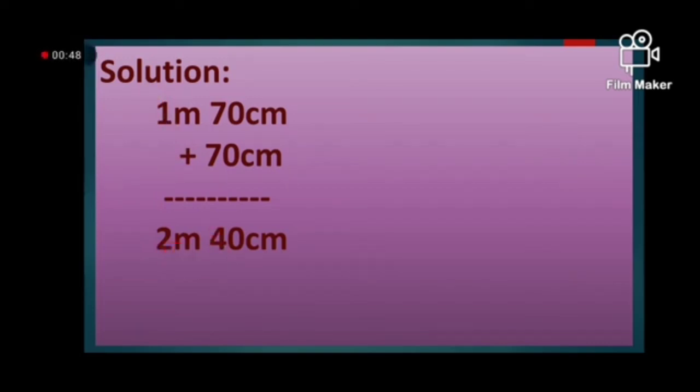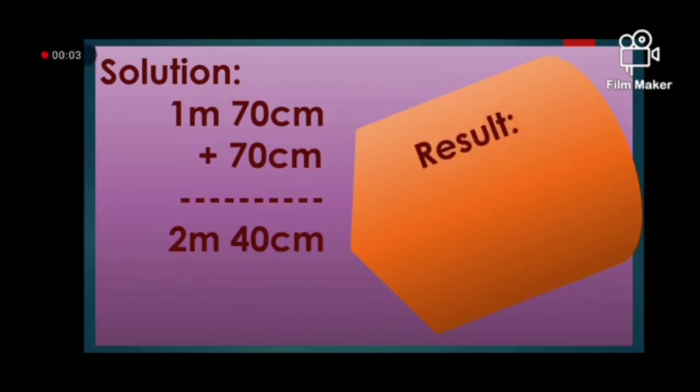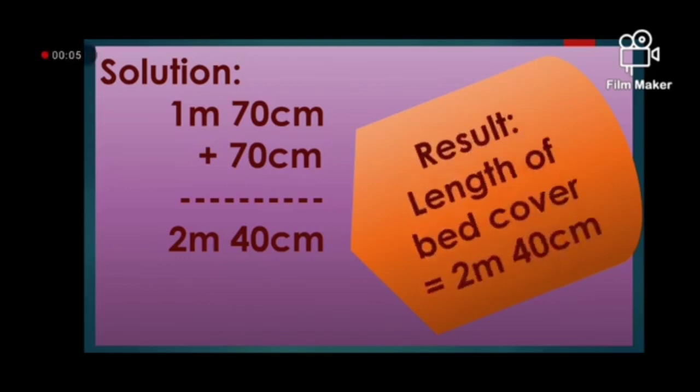So the total length of the bed cover is 2 meter and 40 centimeter. Now finally the result of this problem is length of bed cover is equal to 2 meter and 40 centimeter.